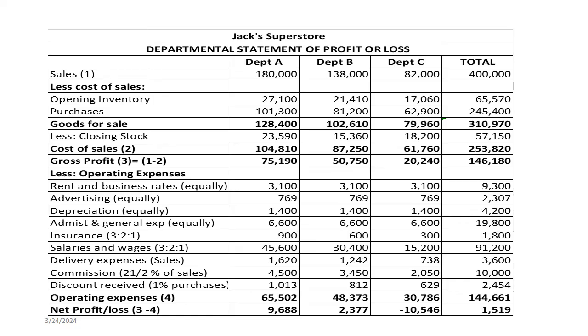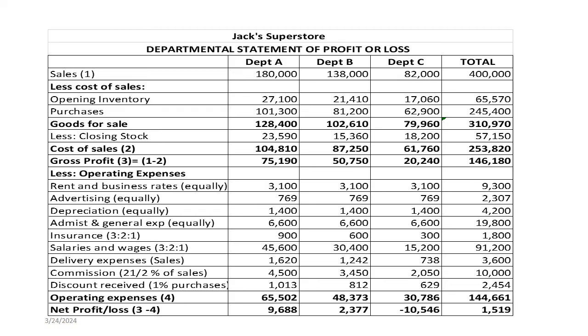But delivery expenses, we are using sales value. So in distributing these 3,600, we are using the sales value. The sales value is row number 1, and the total sales is 400.